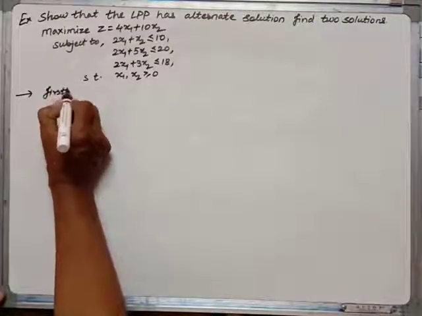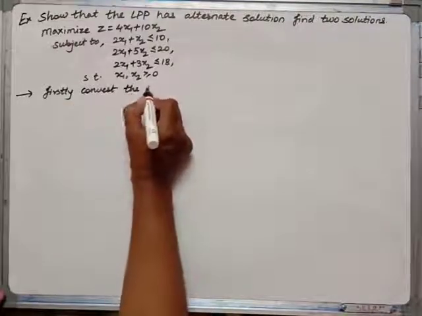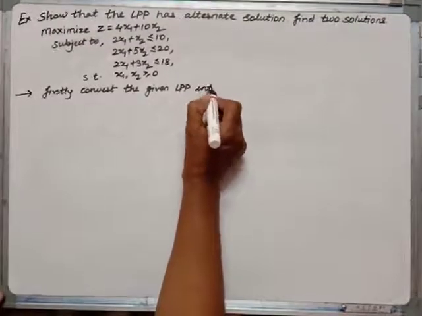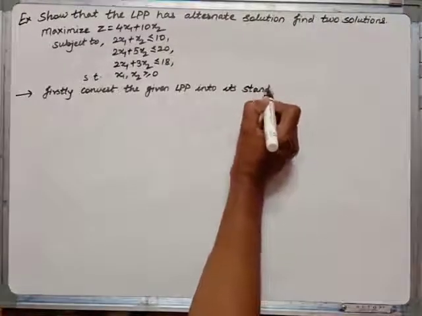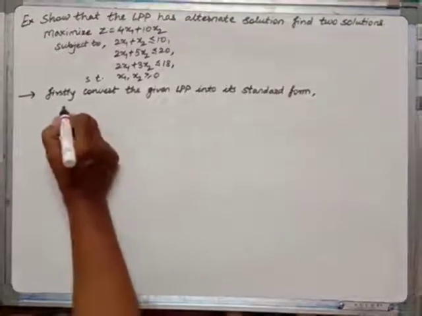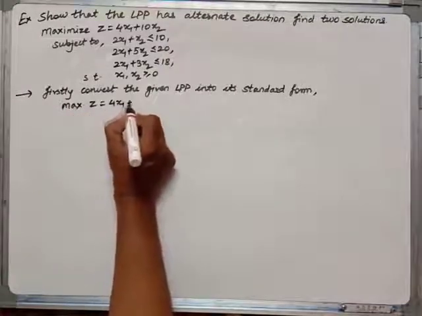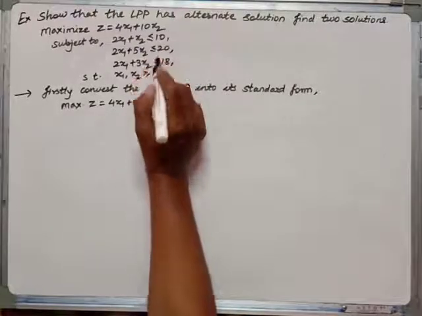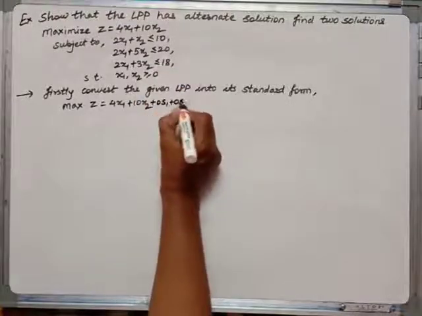Firstly, convert the given LPP into its standard form. Okay, so we get maximize z is equal to 4x1 plus 10x2. Now 3 constraints and all 3 are of less equal type. So 3 slack variables having the coefficients 0 in our objective function.